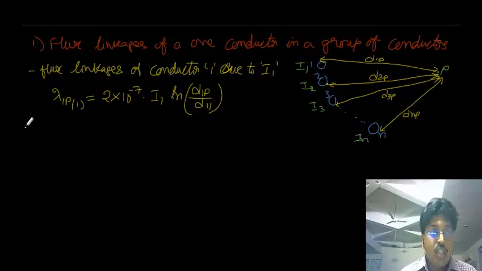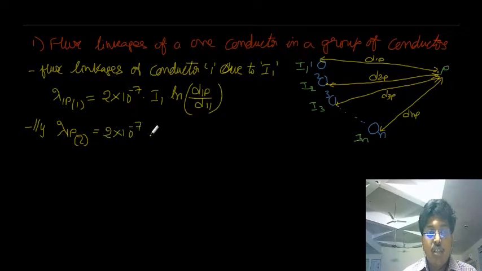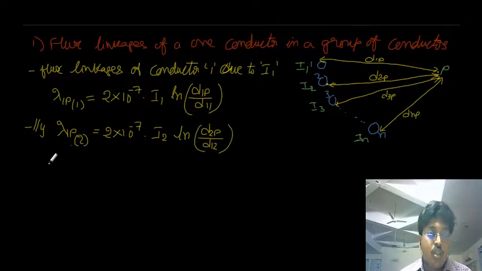Similarly, the flux linkage of conductor 1 up to point P due to the current I2 in conductor 2 is given as 2 into 10 power minus 7 into I2 into logarithm of D2P by D12, where D12 is the distance between conductor 1 and conductor 2.